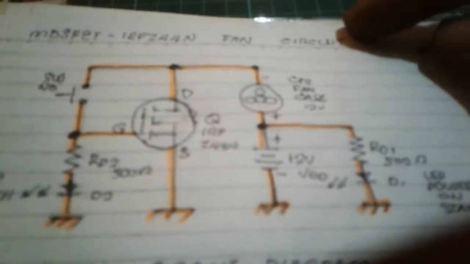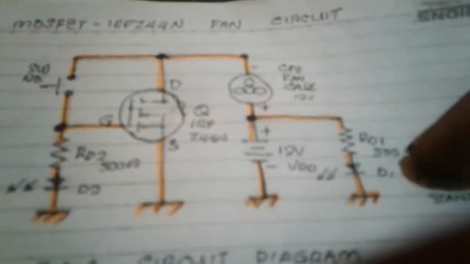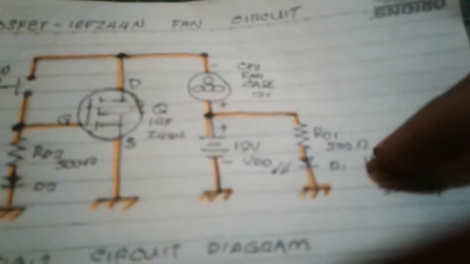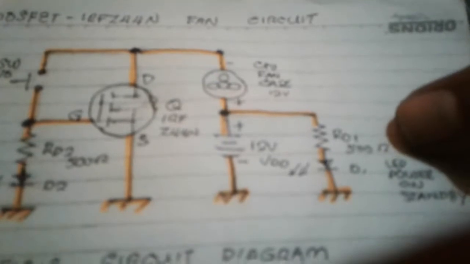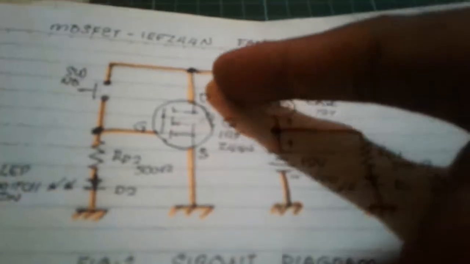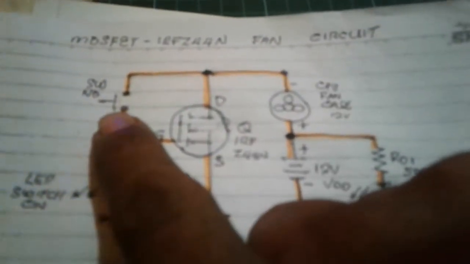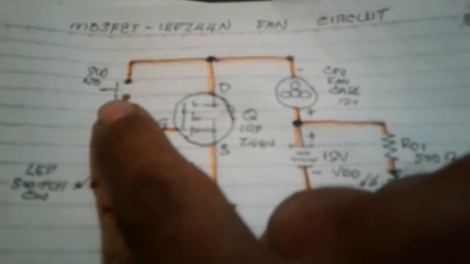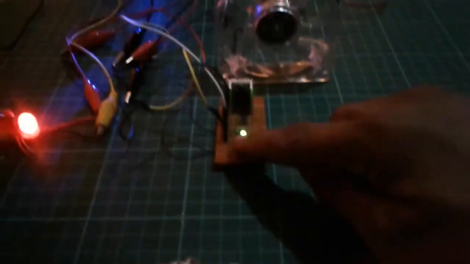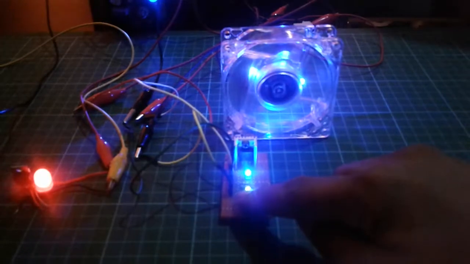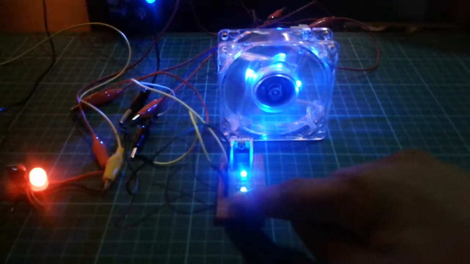So when you close the circuit, only the LED is lighting on, this green one. In here, there's no current flows yet because the push button is open. Once you push the button, the fan is turning on.